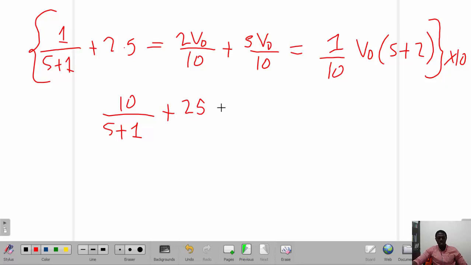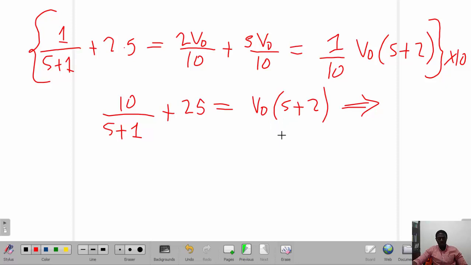And this should be equal to V naught times s plus 2, as what we get on the right side of the equation.